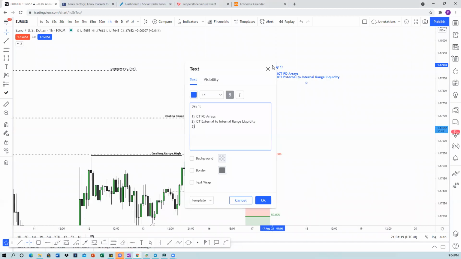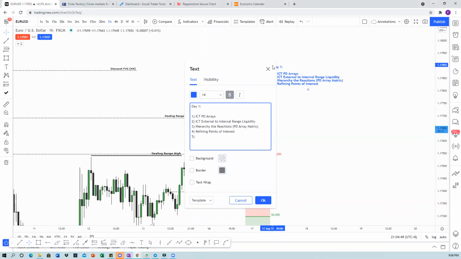Then number three, we have the hierarchy of reactions, which is essentially the PD array matrix. Number four, we have refining points of interest.